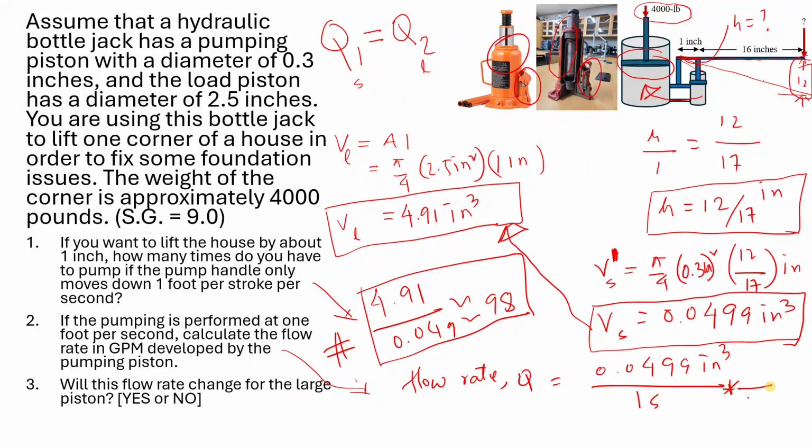Then we'll convert that to gallons per minute. 231 inch cube is 1 gallon, and 60 seconds is 1 minute. So that will give us the gallons per minute. I calculated that to be 0.01296 gallon per minute.